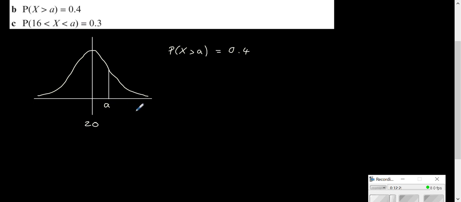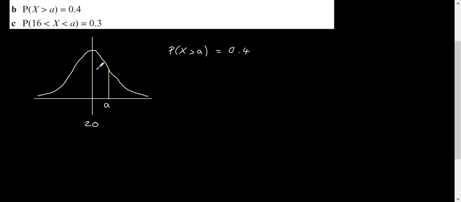The reason it's to the right of the mean is because if we're considering the right-hand side of the mean, the area to the right of the mean is 0.5. We're interested in a smaller area than that, 0.4. So here is the area in which we're interested. Okay, I can identify that by putting a little arrow and saying this is an area of 0.4. And then we go back to the calculator.